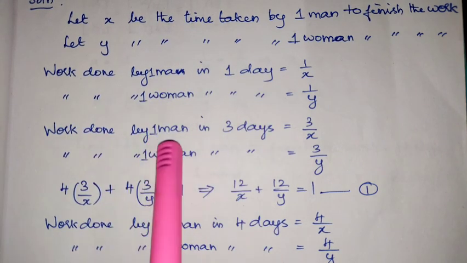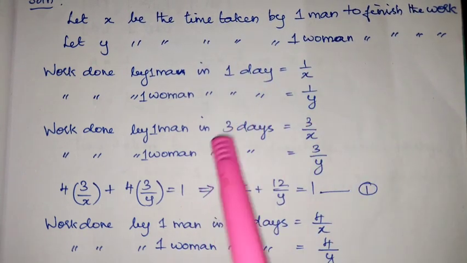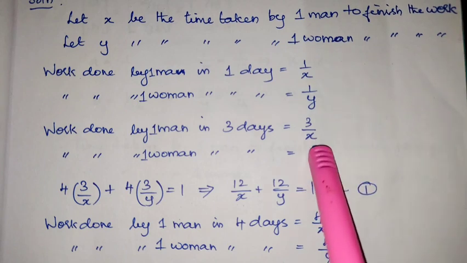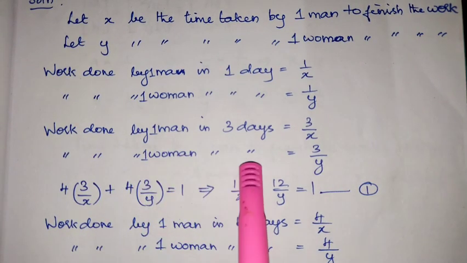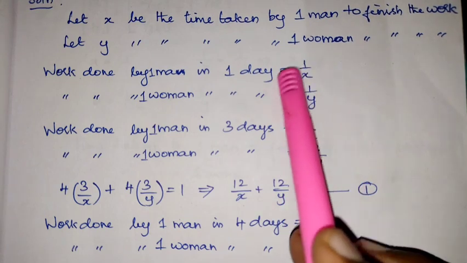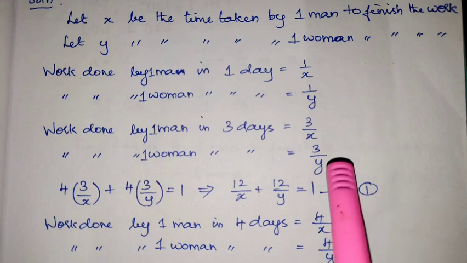So, work done by one man in 3 days: 1 day means 1 by x, so 3 days means we multiply by 3, so 3 by x. Similarly, work done by one woman in 3 days is 3 into 1 by y, which is 3 by y.